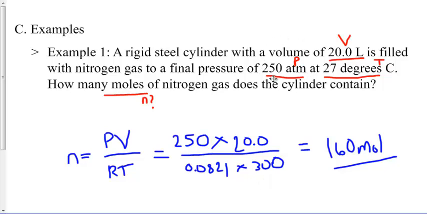That's from that 250 right here. Also, I do want to point out to you, since you have more than one thing on the bottom to divide by, it's good practice to do 250 times 20 divided by parenthesis 0.0821 times 300 and close your parenthesis. That'll avoid getting the wrong calculation if you use those parentheses.